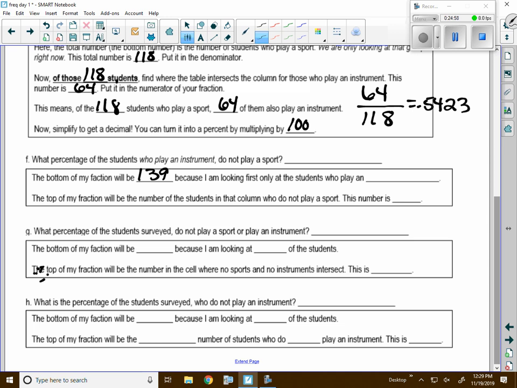Because we're looking only at students who play an instrument. Okay, and then the top of our fraction will be the number of students in that same column who don't play a sport. What's that number? 75. So in your calculator, 75 over 139.